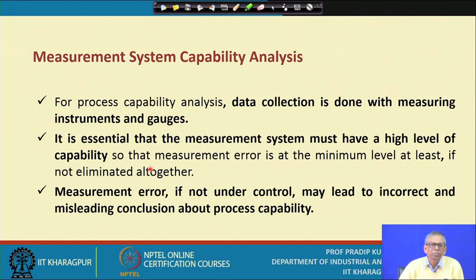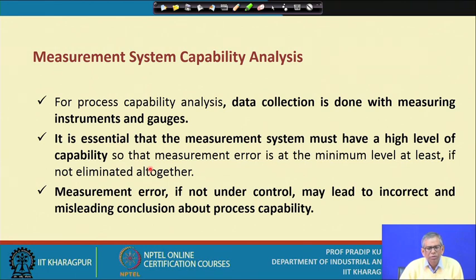If you have misleading conclusions regarding the process performance, the implications could be very, very expensive, and the company may have to pay a heavy price. There are many such instances, and these are situations you want to avoid.